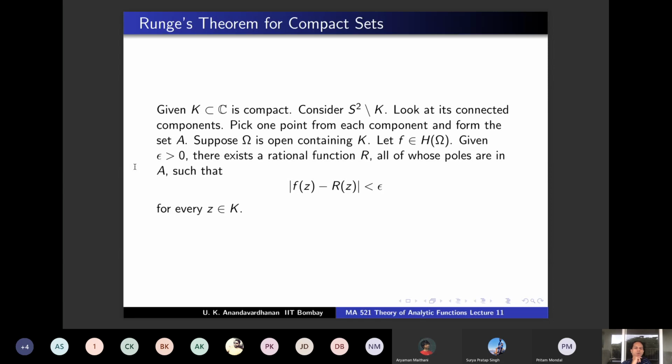They are from the set that you have given me. Okay, so this is Runge's theorem for compact sets.